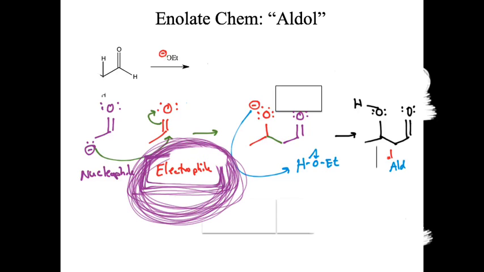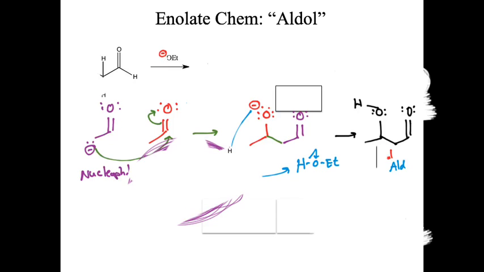Turns out that this structure in and of itself is also not all that greatly stable either, okay? So what can we do to help with that? Or where is that stability issue? The oxygens are near each other.